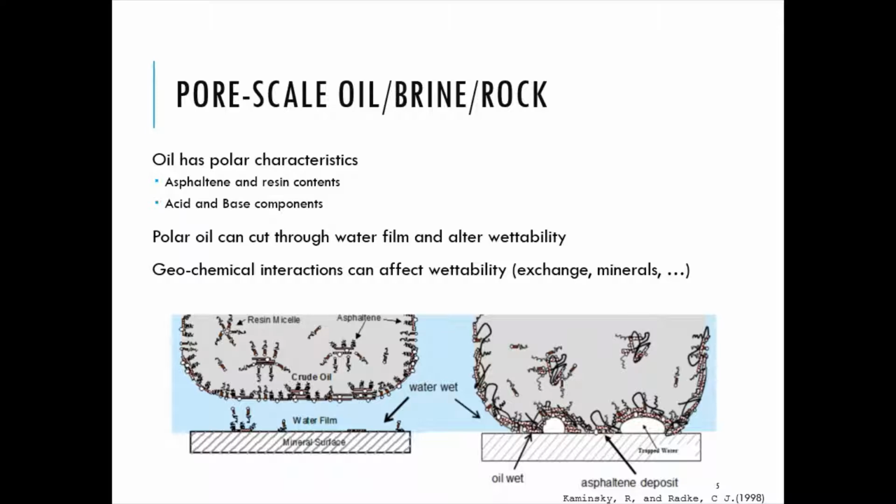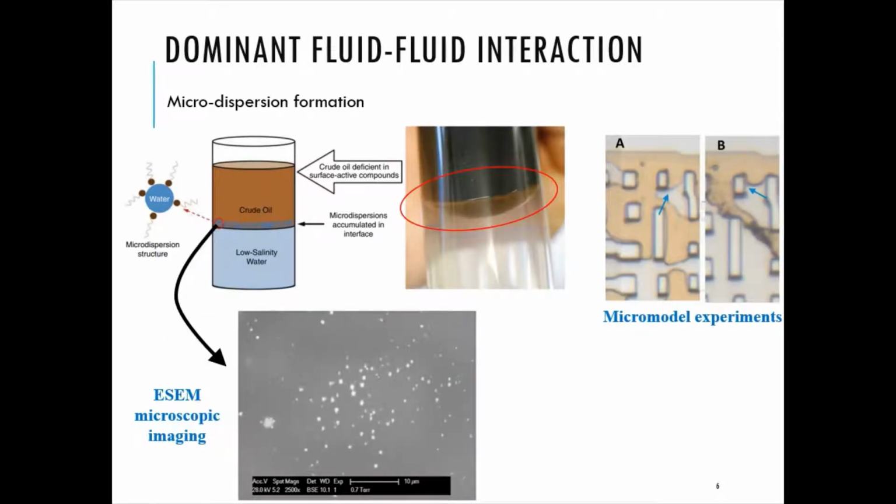So if low salinity wants to change the wettability, it should detach this oil which is adhered on the rock surface. And what we think, and in the next couple of slides we will see the evidence for that, is that the dominant fluid-fluid interaction happening between oil and brine can change the oil polar characteristics.